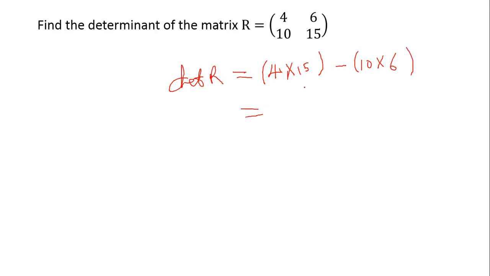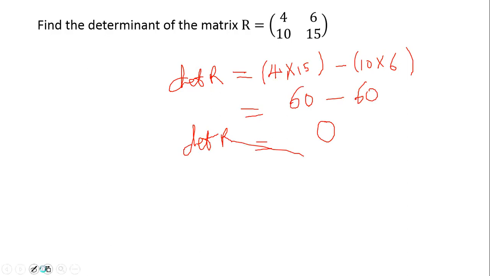So 4 times 15 is 60, and 10 times 6 is also 60. So when we get 60 minus 60, that will give us a 0.